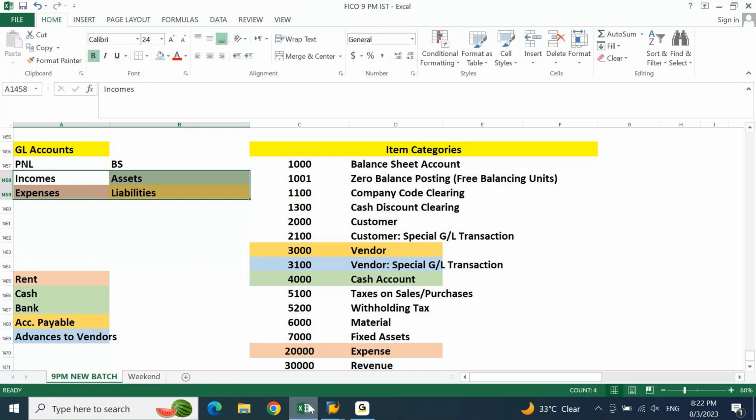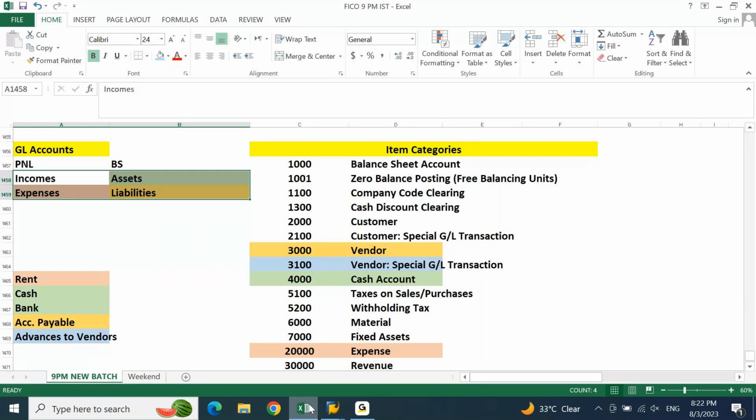How am I planning to look at my trial balance? How am I planning to look at my P&L? How am I planning to look at my balance sheet? Based on these conditions, based on these parameters only, you are going to decide how your chart of account is going to be. What will be the length of the GL account? How many account groups are you creating? This is all dependent on your financial statement, your financial reporting at the end.